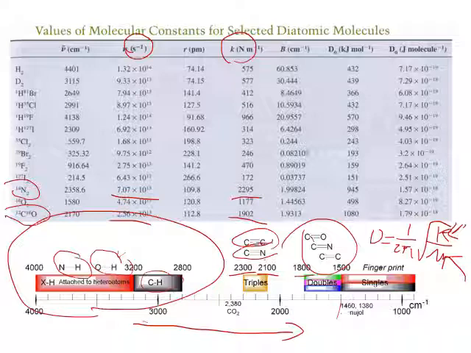If you have an infrared spectrum that contains absorption at around 1,700, then you know that the molecule may have a carbon-oxygen double bond. And if you have an absorption at 2,300, then you may have a carbon-carbon triple bond or a carbon-nitrogen triple bond.